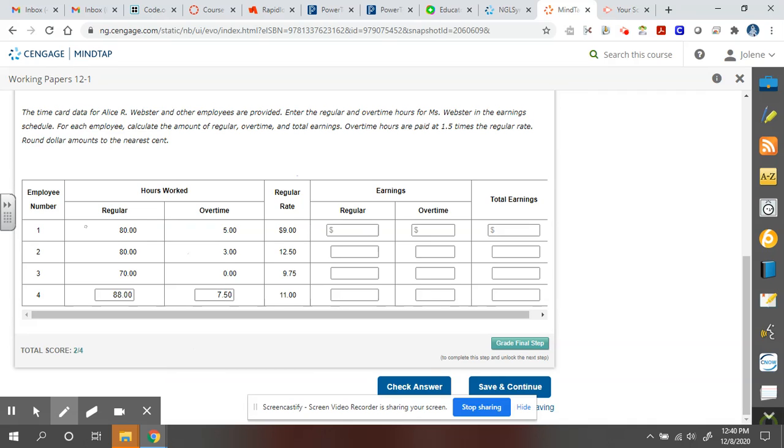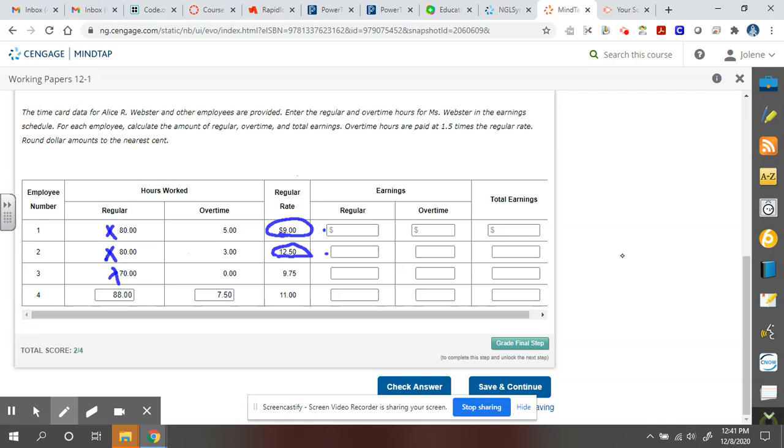Okay, so you'll notice that employee number 1 makes $9 an hour. Okay, so just multiply 80 hours times 9 to get your regular pay. And employee 2 is 80 hours times 12.50 to get your regular pay.